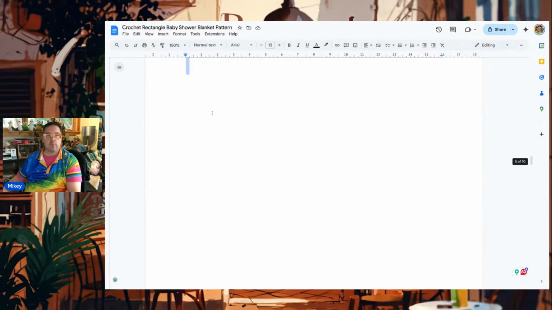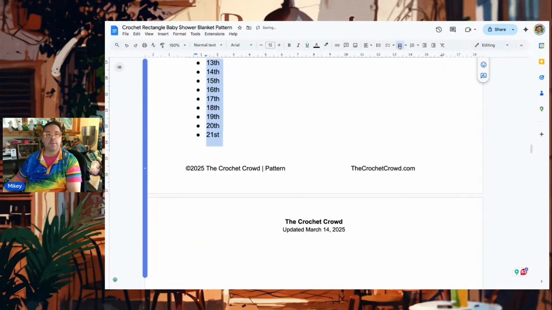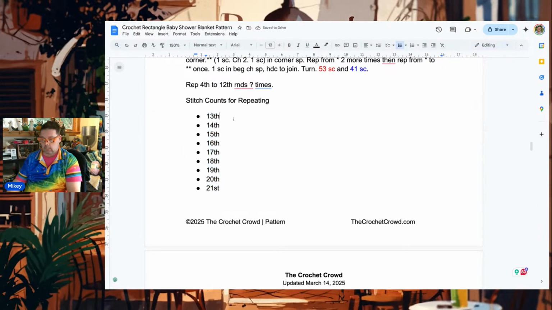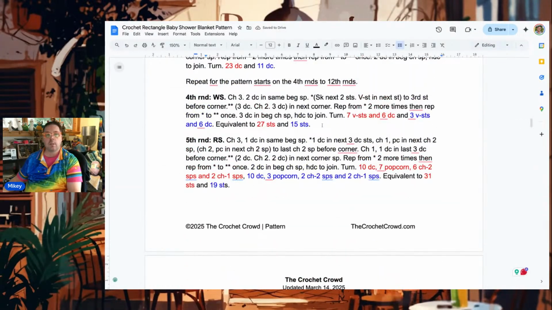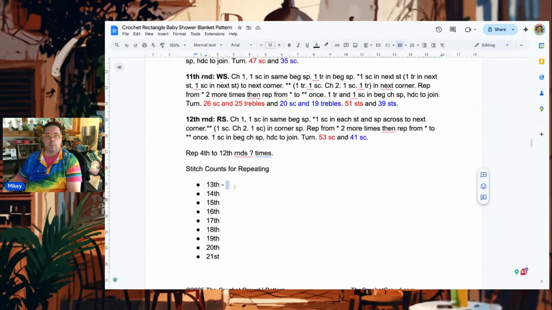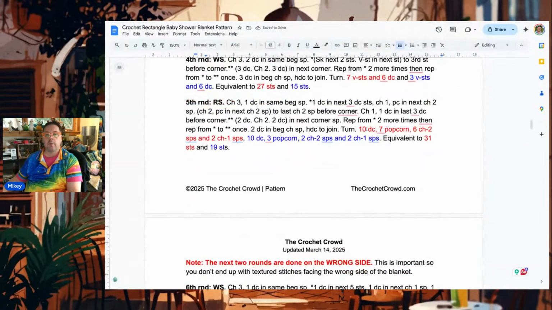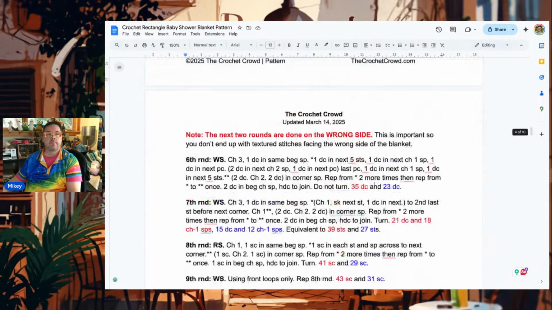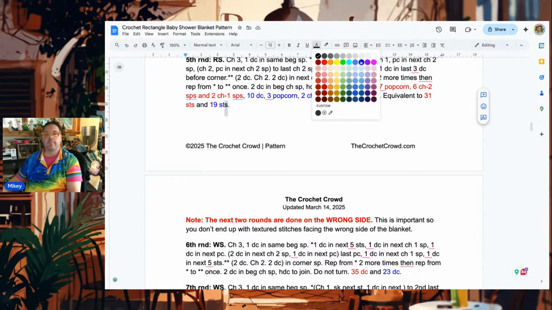And now what we have to do is transpose that information and make it easier for people to read. So we knew that the 4th round is the repeat, so we're going to take this and the 5th round. Just change the color there before I move it.